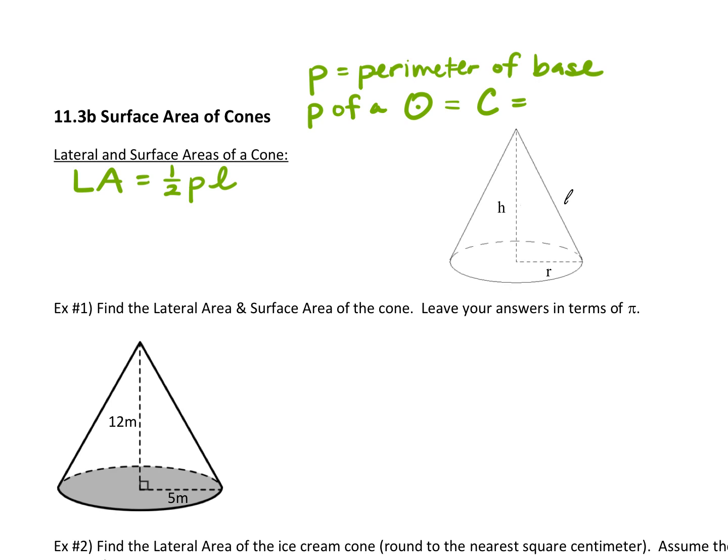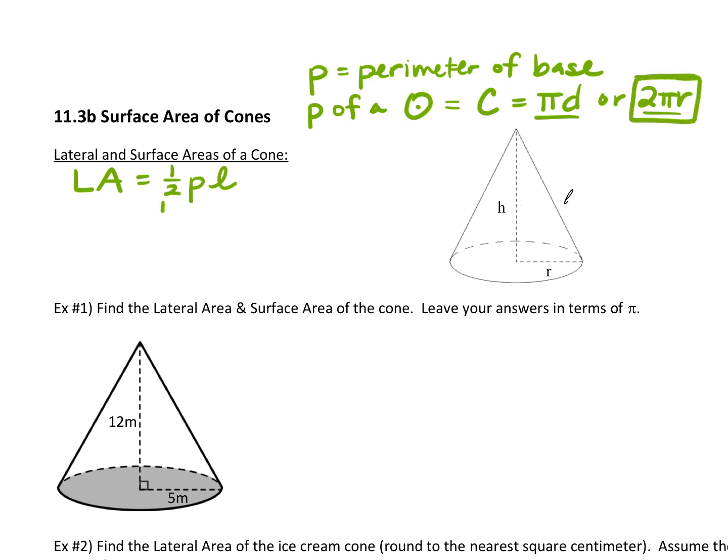And another way to say circumference is pi d or 2 pi r. Now here's the thing. If we plug one of those formulas in here, it actually shortens our formula. I'm going to use this one for today.